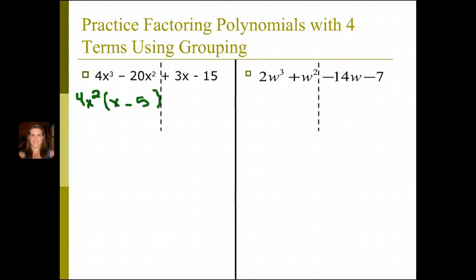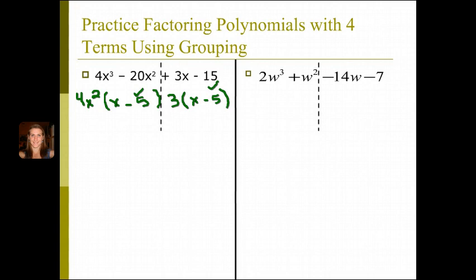Remember, you can always distribute back to make sure you factored out correctly. In our second half, our greatest common factor is 3. When we factor out the 3, we are left over x minus 5. Distribute to double check. You'll notice that we do have the same binomial factors.